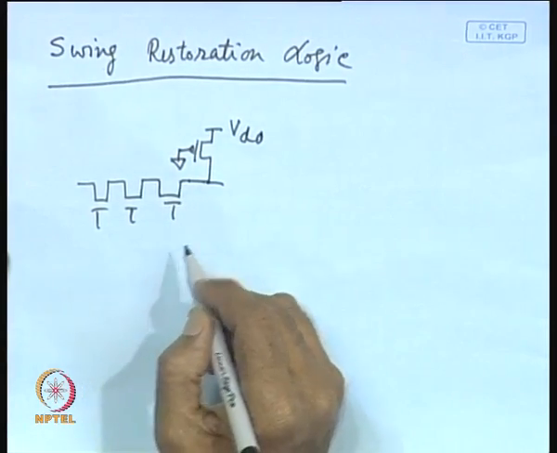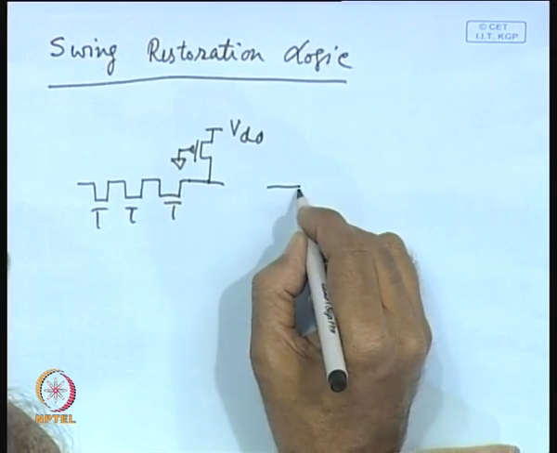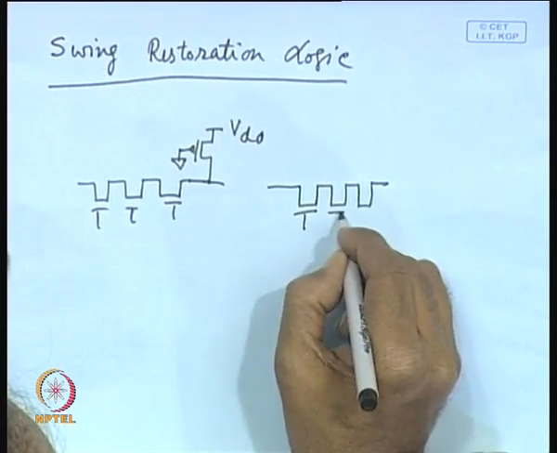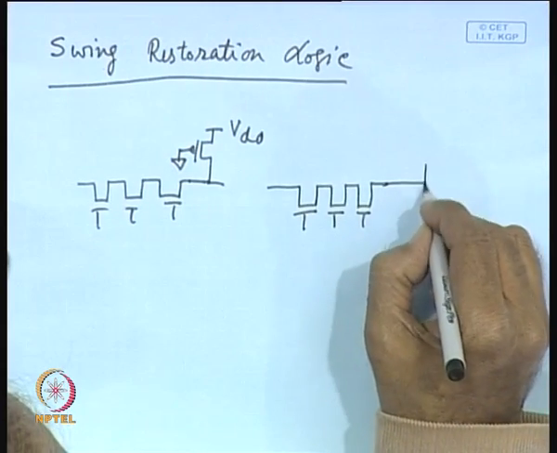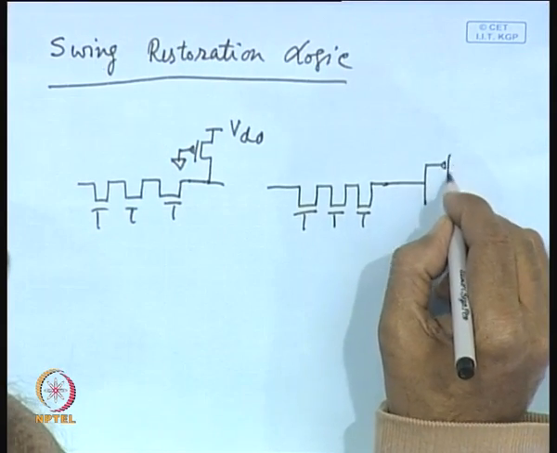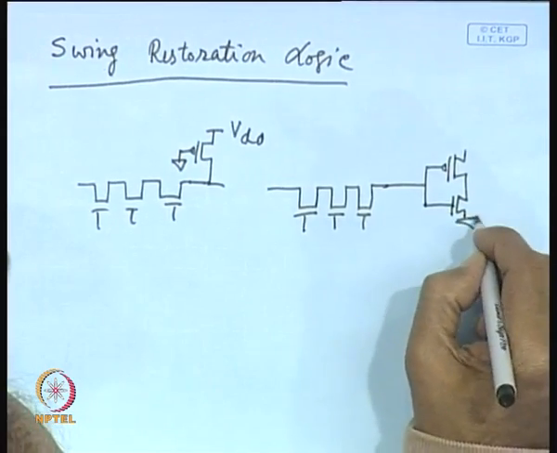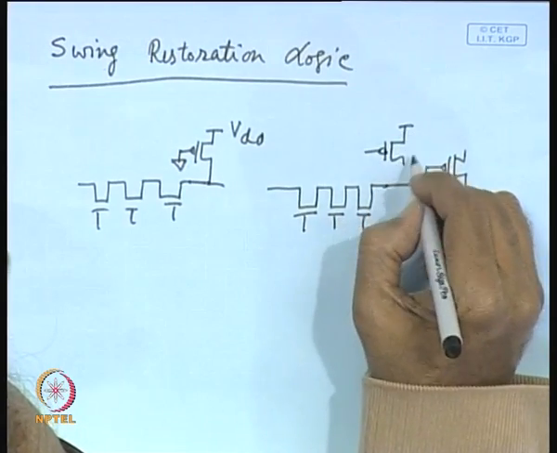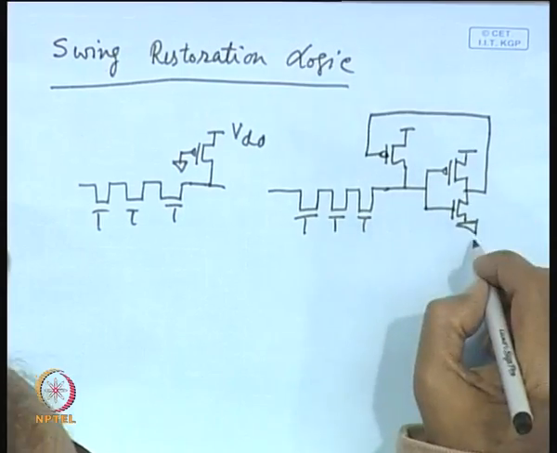Another approach is, in addition to this weak PMOS transistor, you can put an inverter along with the weak PMOS transistor. That means, this will be applied to an inverter, then you will have a weak PMOS transistor connected here and the output will come from here.